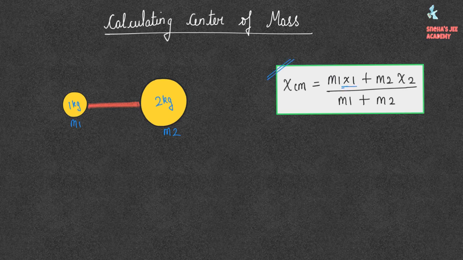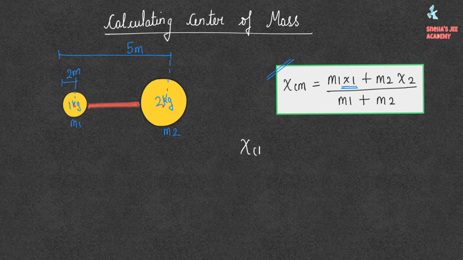So x1 is the distance from the starting point to the center of mass of the first object. Let's say the center of mass of the 1 kg object is in the center of the circle, and in the 2 kg object it is also at the center of the circle. So let's say x1 is 2 meters and x2, the distance from the starting point to the center of mass of the second object, is 5 meters.